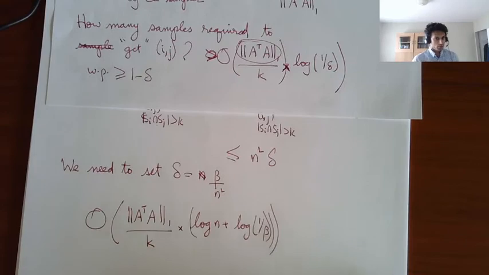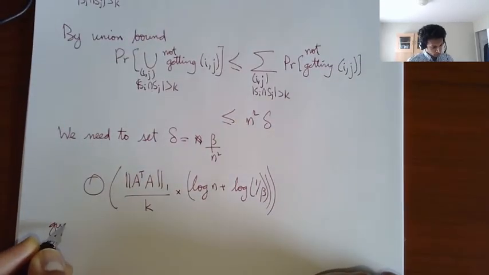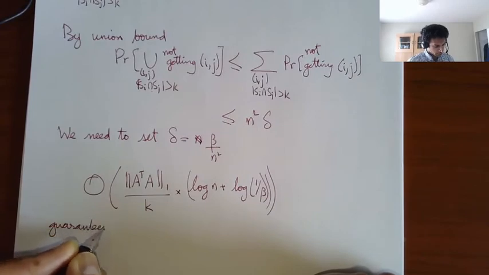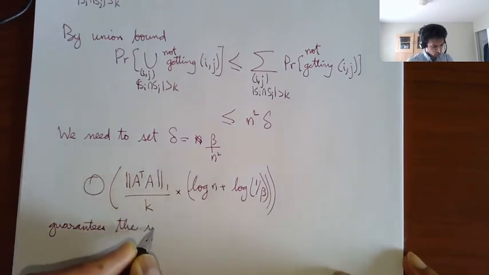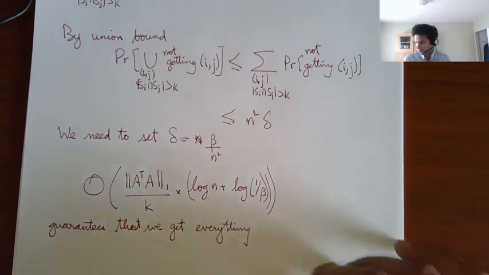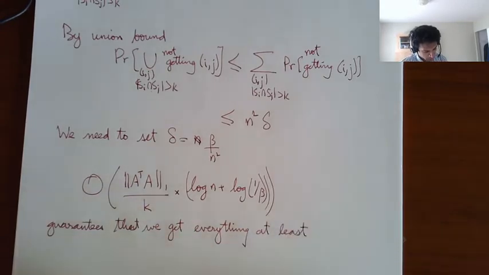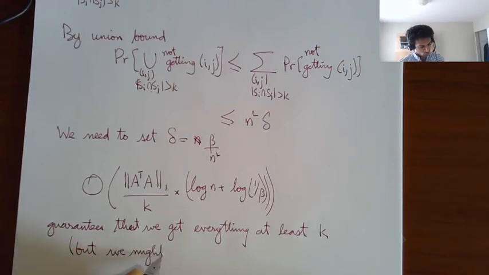Now, this guarantees that we get everything at least k, but we might get small intersections.